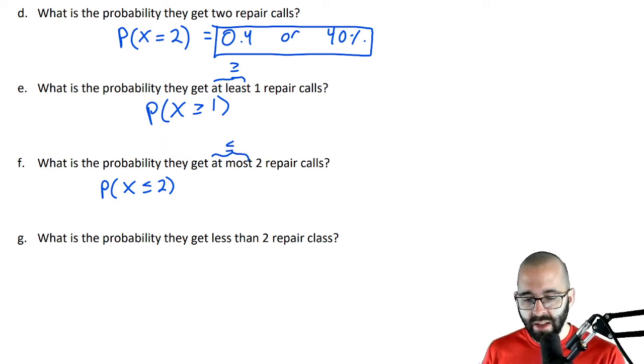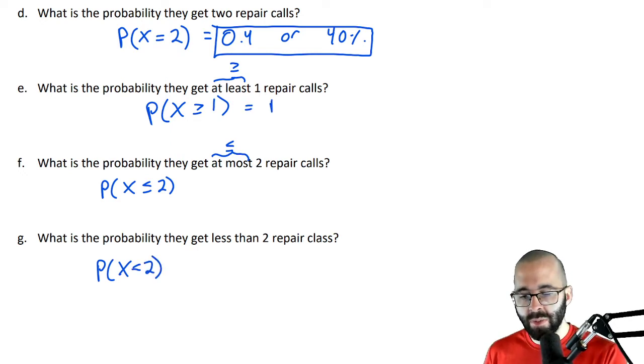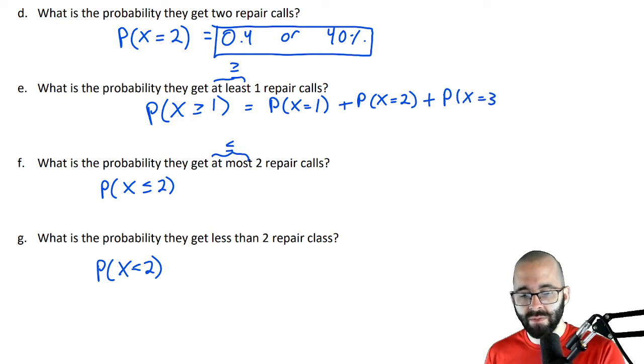What's the probability that, class, not classy, having a typo in the notes, Jason. What's the probability that they get less than 2 repair calls? Strictly less than 2. Well, so this is going to be the probability that they get 1 plus the probability that they get 2 plus the probability that they get 3.